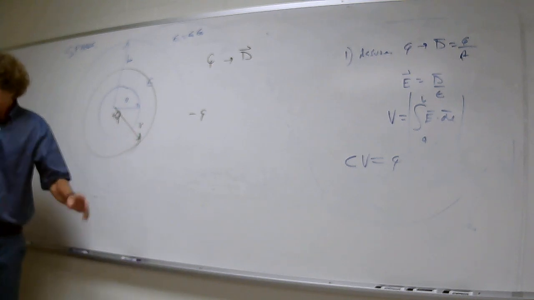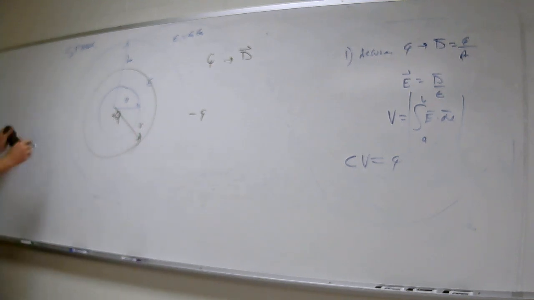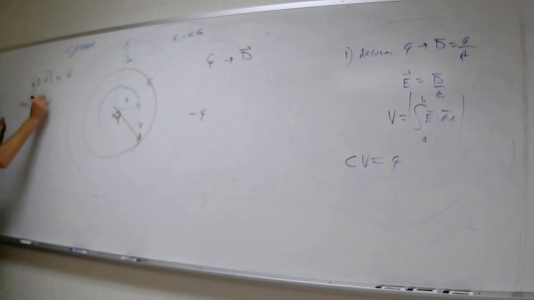What law is that, guys? Gauss's law. So the integral of D dot dS over the closed surface is the charge enclosed. This is really 4 pi r squared times D of r equals Q, and therefore the D field is equal to Q over 4 pi r squared, in the a_r direction, right? Y'all follow me on this?